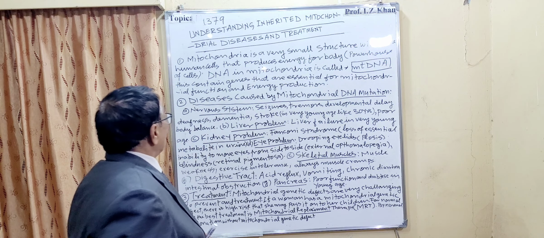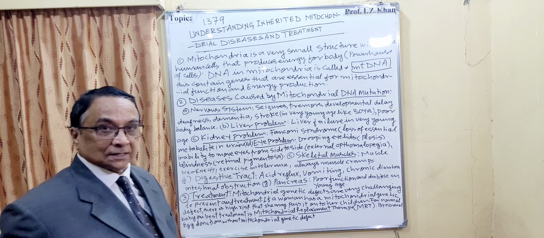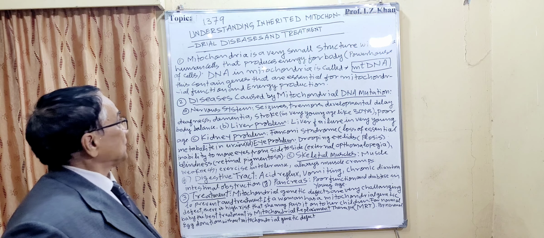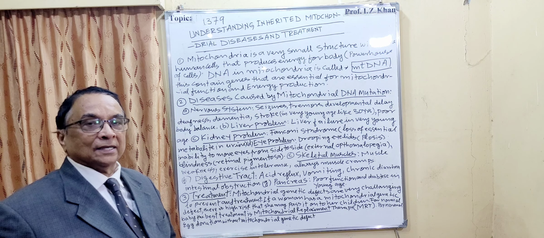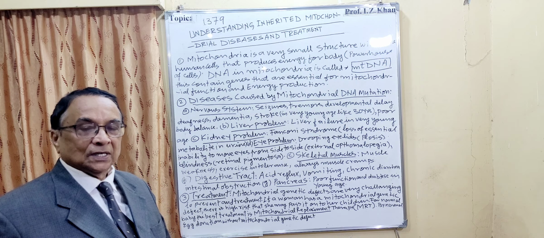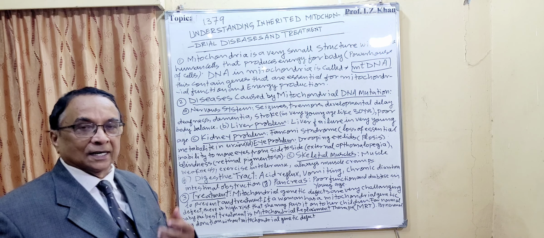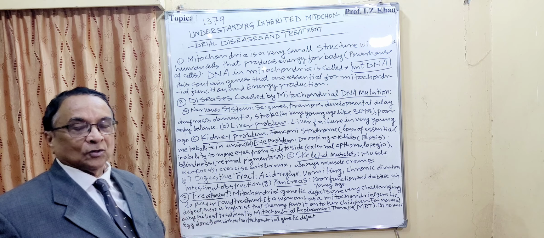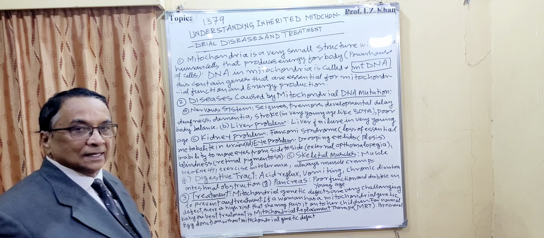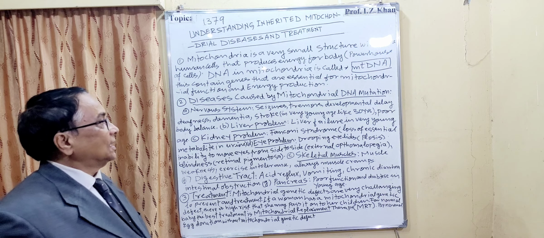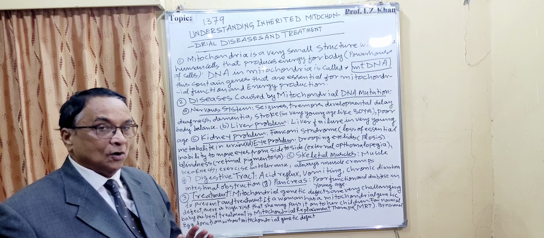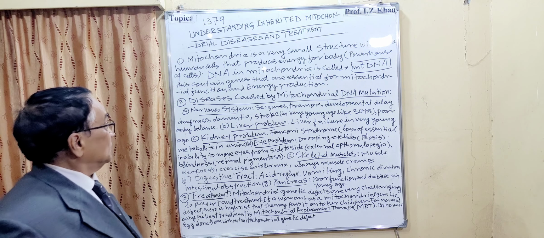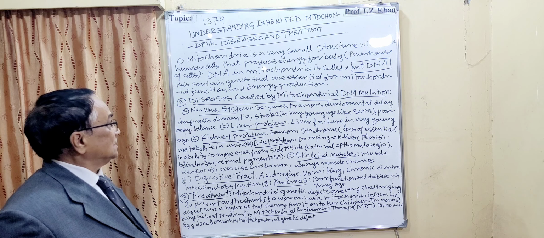So here, number one, mitochondria is a very small structure within the human cells, and that produces energy for our body, and that's why mitochondria is known as the powerhouse of our cells, and that power is generated throughout our body once mitochondria is normal. The DNA in the mitochondria is known as mtDNA, meaning mitochondrial DNA. So DNA is found in mitochondria also as genetic material, and this contains genes that are essential for mitochondrial function and energy production.